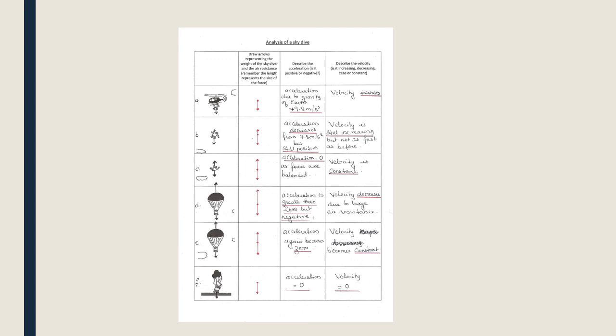Then depending on the situation, the length of the air resistance either increased, decreased, or became the same as the weight. Okay, so I hope the worksheet is more clear now and my points make sense. If not, please feel free to email me.